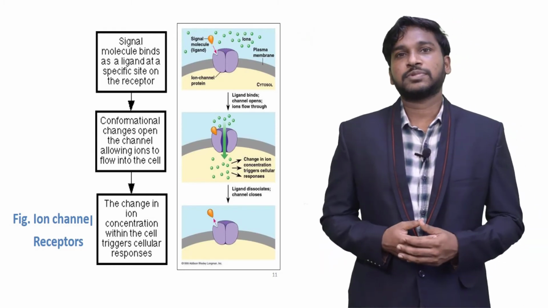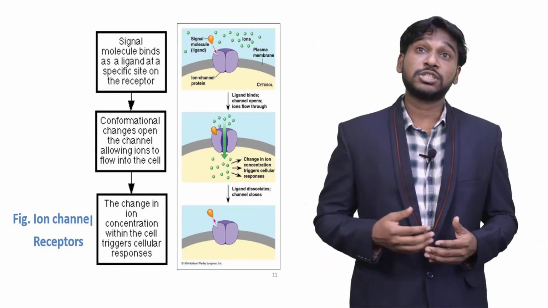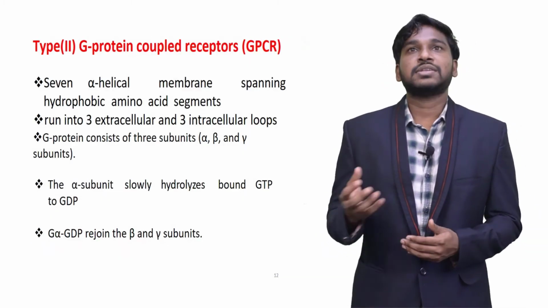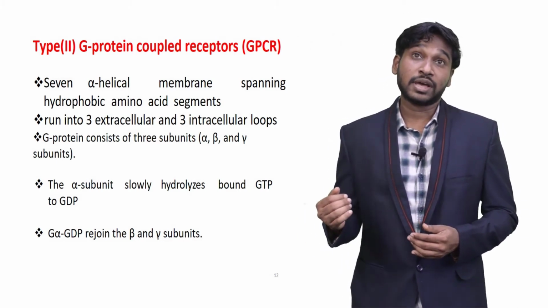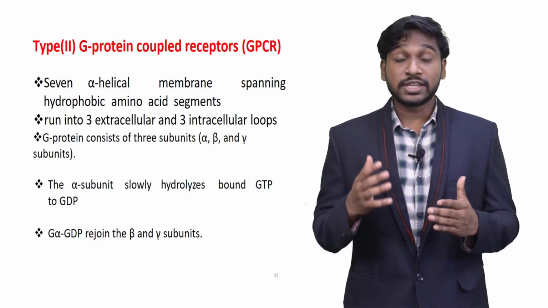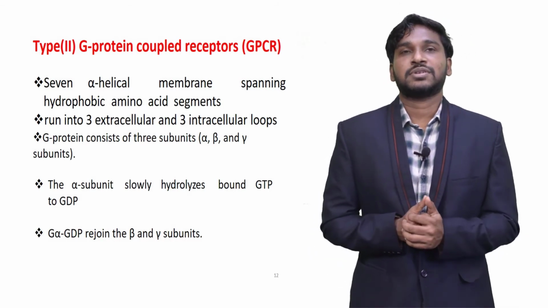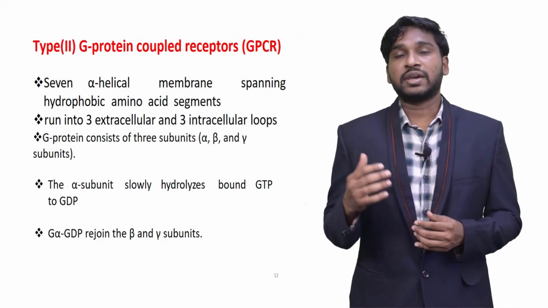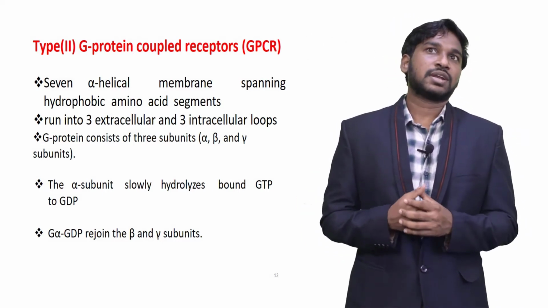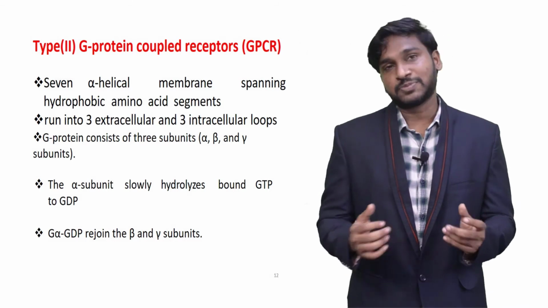Out of the four, the second most important is type 2, G protein-coupled receptors. These are also called seven-alpha-helix membrane-spanning receptors, with hydrophobic amino acid segments, and they form three extracellular and three intracellular loops. Binding of the mediator molecule induces a conformational change that enables interaction with the G protein, which lies at the inner leaflet of the plasma membrane.